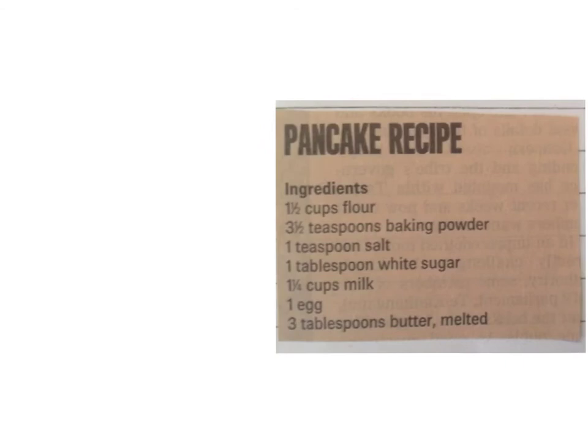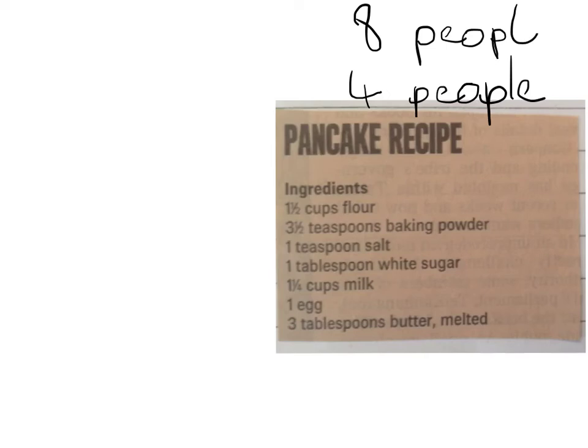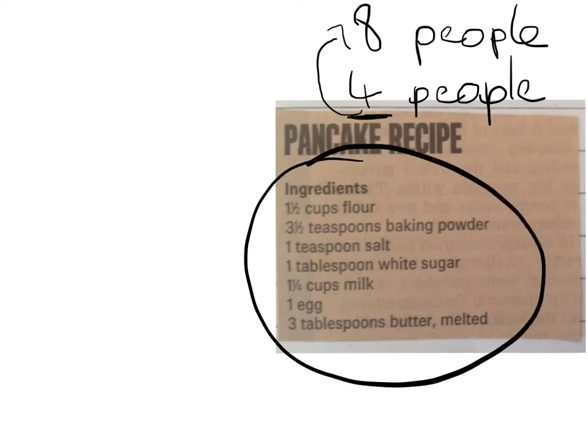Remember this recipe is for 4 people, and let's imagine I had 8 people coming over. We've now doubled the people that are coming, so we have to double the ingredients to make sure that we have enough pancakes to feed everybody.